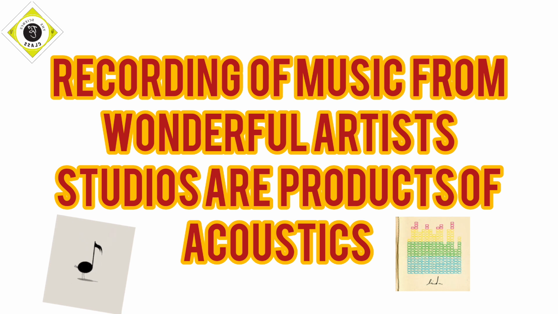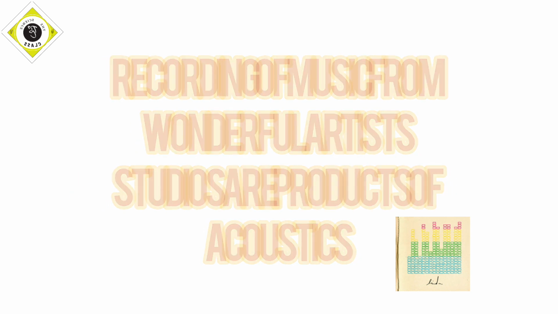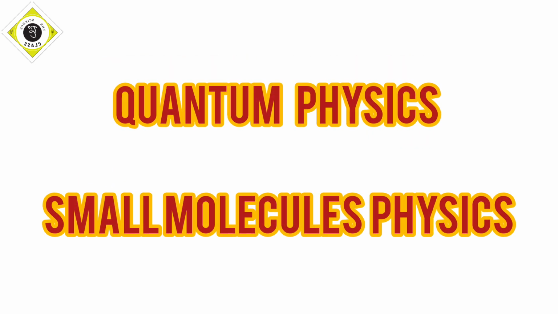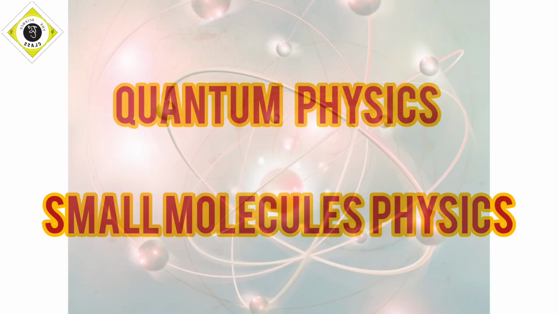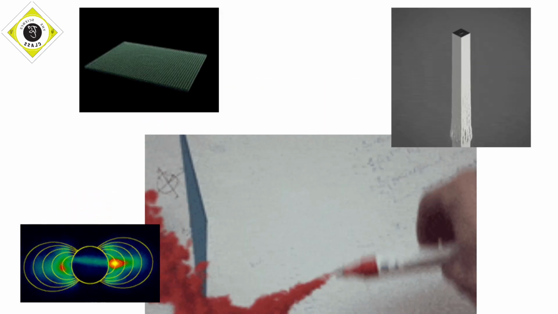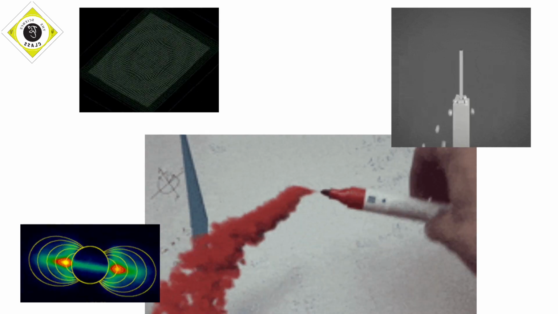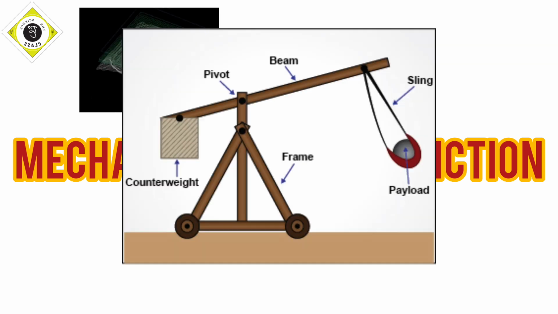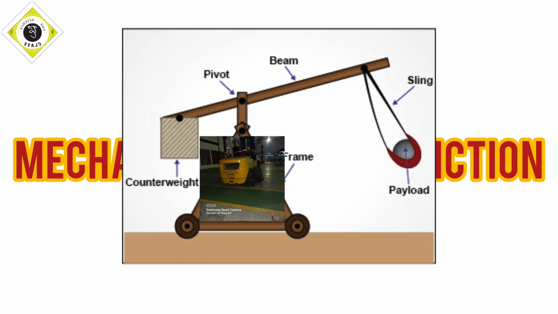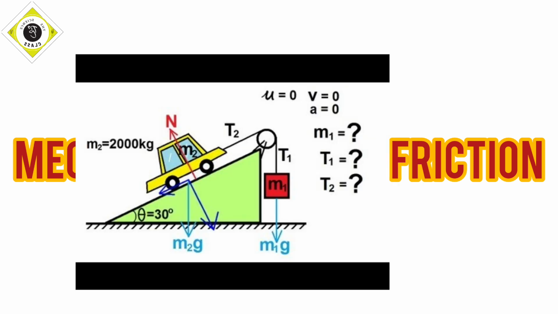Then we have quantum physics. Quantum physics has to do with the physics of small molecules, tiny bits, radiation, half-lives, and some other forms of energy that we're going to be discussing later. Then we have mechanics. Mechanics of material has to do with something like force, friction, pull, push, force acting upward, force acting downward.